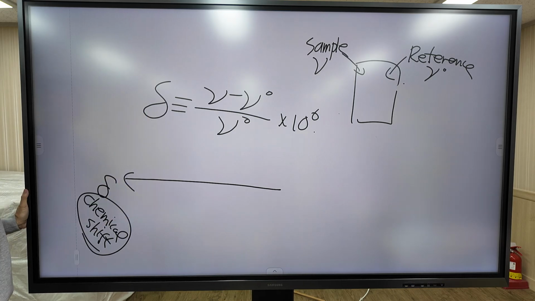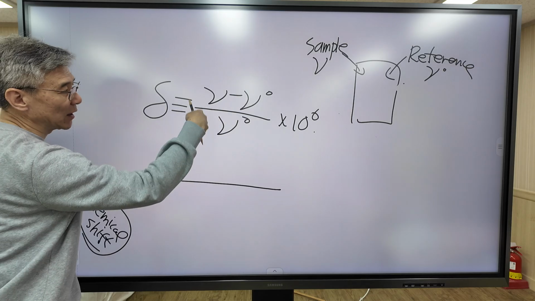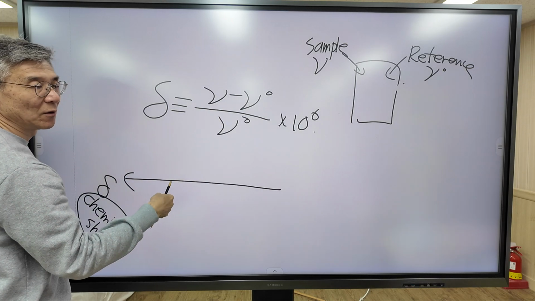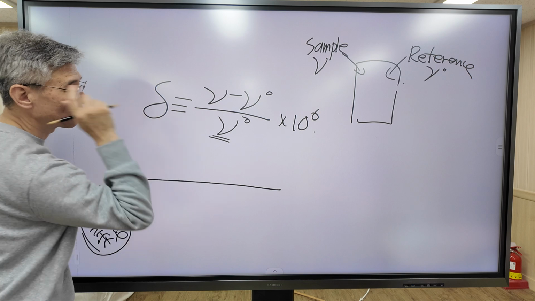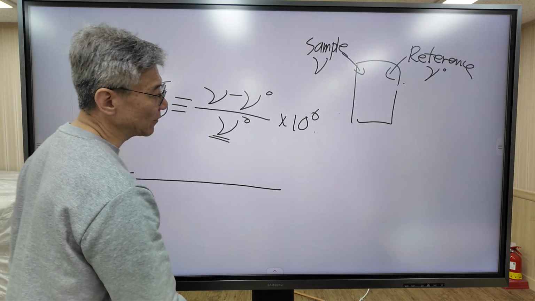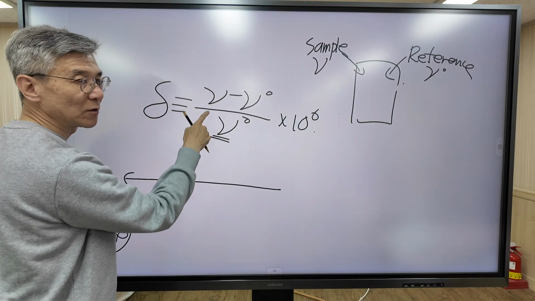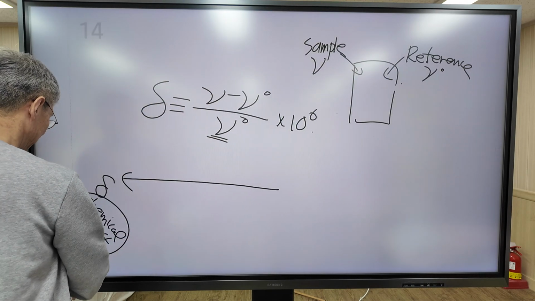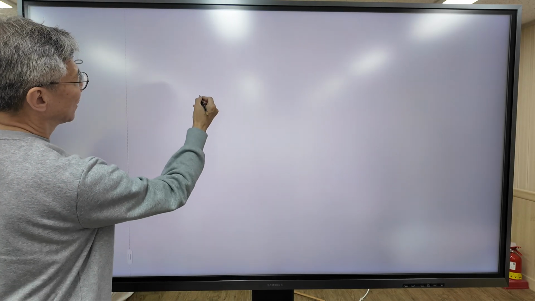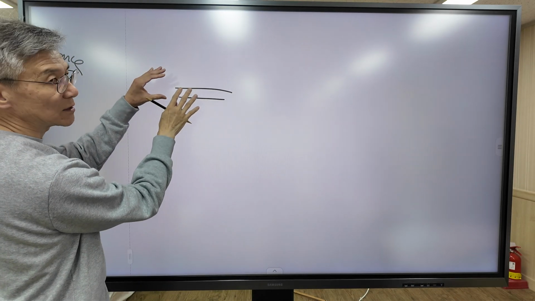Then the question is, why do we need nu0? Why do we need a complicated procedure to measure the NMR spectrum? Because according to the basic principle of NMR, transition frequency depends on the strength of the magnetic field. It is not fixed. When there is no magnetic field, upspin and downspin are degenerate.